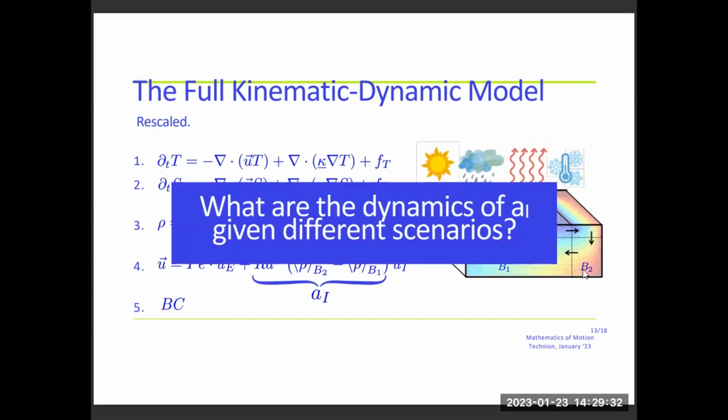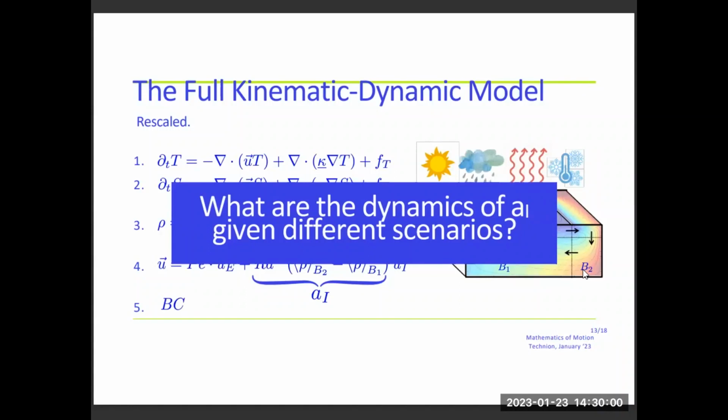And basically our dynamical question, or our oceanographic question, boils down in this formulation to a very simple question. What are the dynamics of A_I? It's the internal strength of the internal velocity field, which is simply some coefficient times the difference in density between the two boxes.